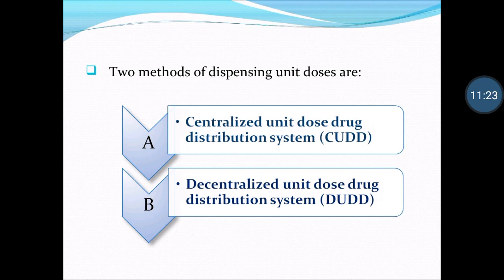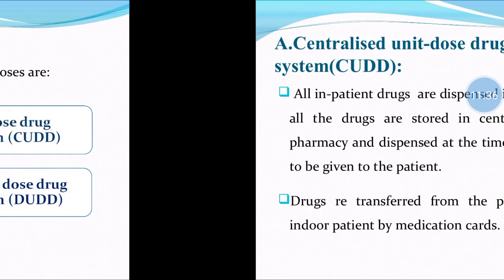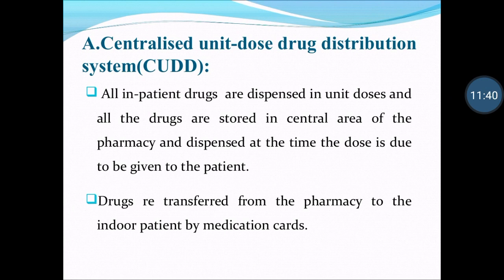So A is the centralized unit dose drug distribution system, CUDD, and B is the decentralized unit dose drug distribution system, DUDD. In the centralized unit dose distribution system, all patient drugs are dispensed in unit dose, and all drugs are stored in a central area of the pharmacy and dispensed at the time the dose is due. Not on every floor, only one centralized place.